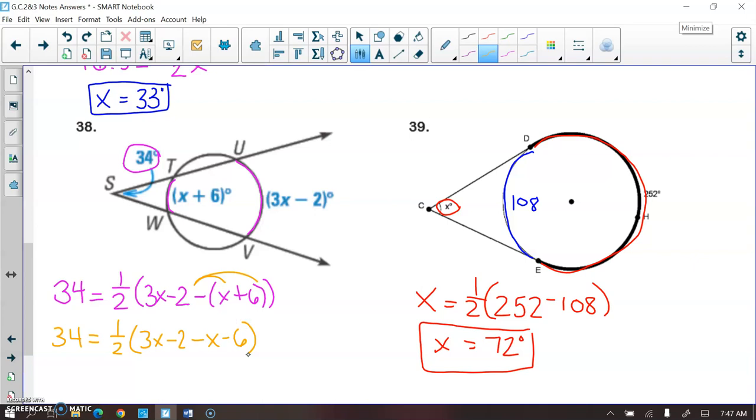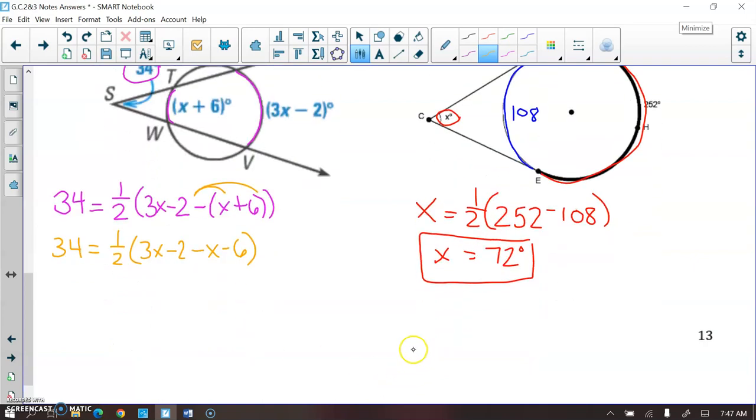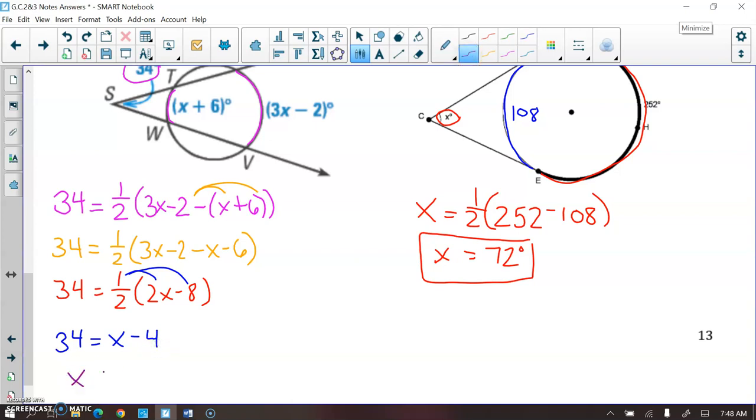Then I'm going to combine like terms. 3x minus x is 2x, and -2 minus 6 is -8. Distributing the 1/2 in. And then adding the 4 over, I get x is 38 degrees.